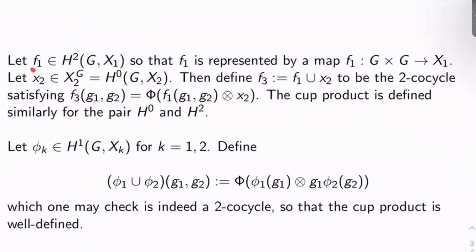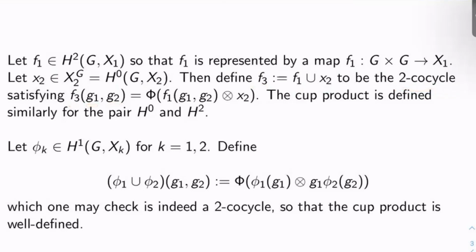Let's let F1 be in H^2(G, X1). That means F1 is represented by a map F1 from G cross G to X1. Let's let x2 be in X2^G, which is H^0(G, X2), so it's something in X2 fixed by G. We'll define F3 to be F1 cup x2, and that will be the two-cocycle satisfying F3(g1, g2).